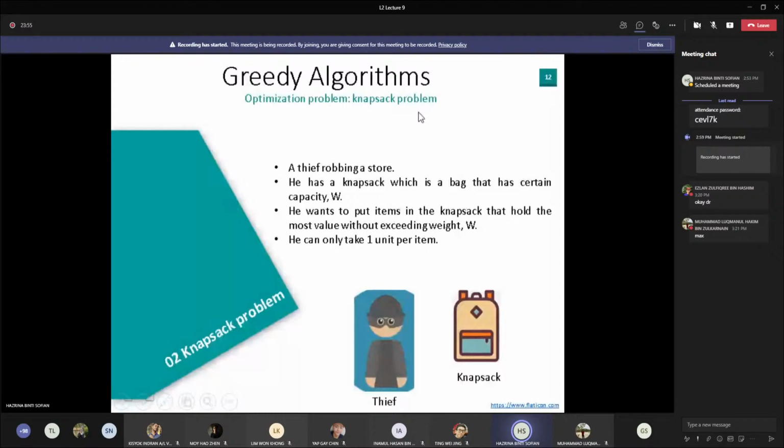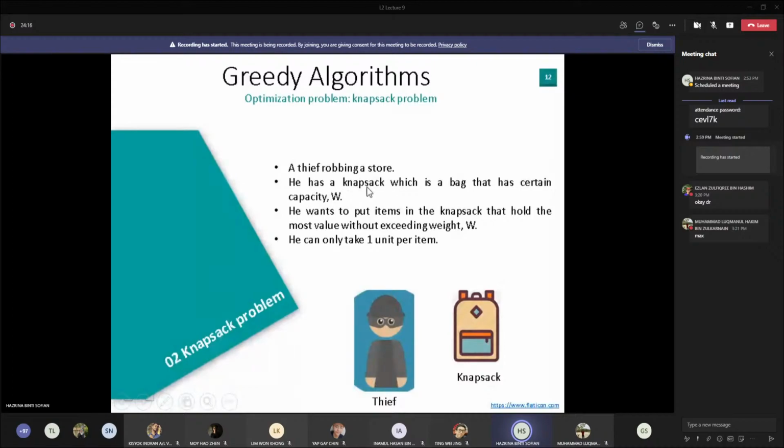So for the greedy knapsack problem, we have a situation here. This is a greedy thief. This thief is very greedy, and he intends to rob a store.